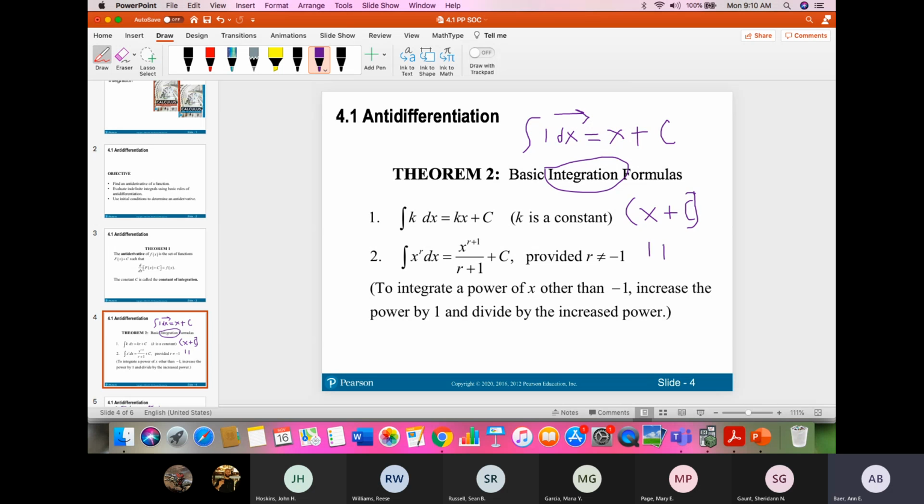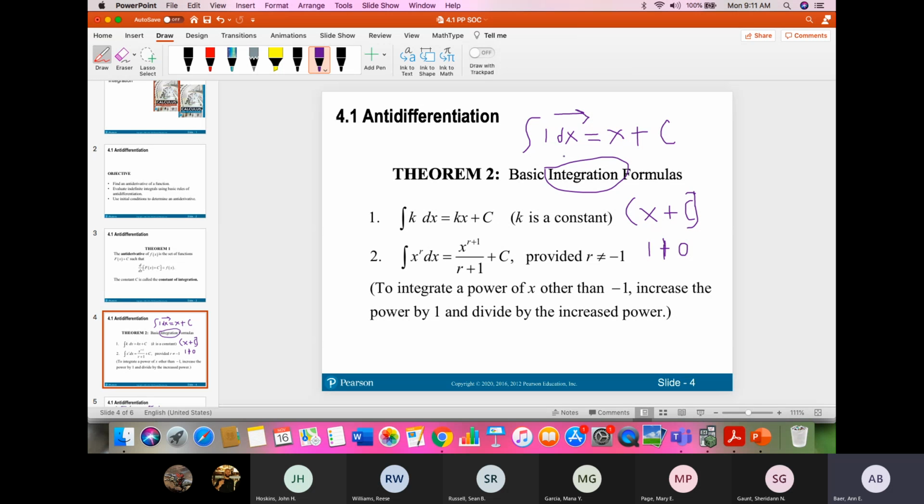The derivative of any additive constant, any additive real number that I'm adding, and don't forget that subtraction is also adding a negative, is 0. So the derivative of x is 1, plus the derivative of this constant is 0, so I just get 1.